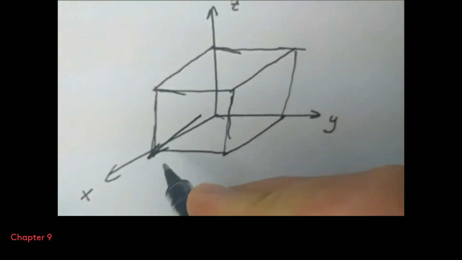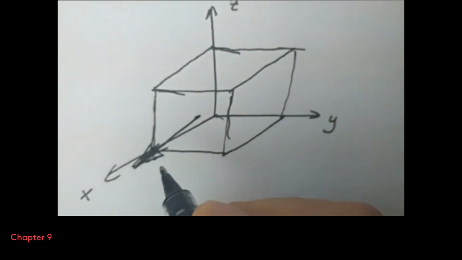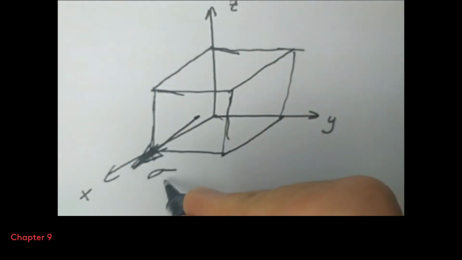We have sigma to show the normal stress component, and we have two indices. The first index shows the normal direction of the face, and the second index shows the direction of the stress acting on this surface.